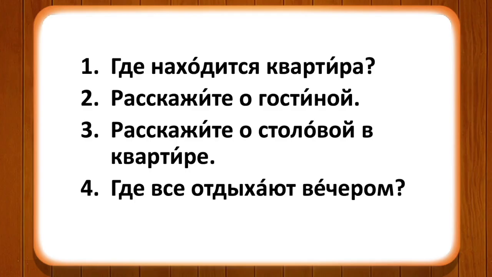The third question is, расскажите о столовой в квартире. Narrate about the dining room in the flat. The fourth question is, где все отдыхают вечером? Where does everybody rest in the evening? So with the help of these 4 questions, we can go through the text and answer them accordingly.